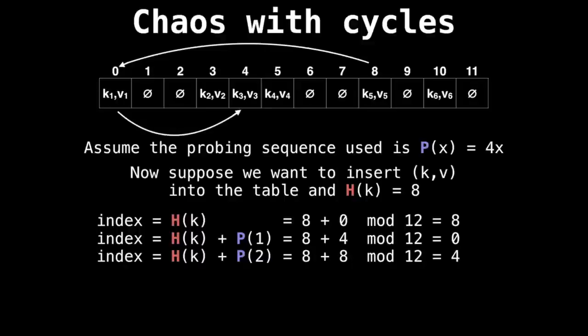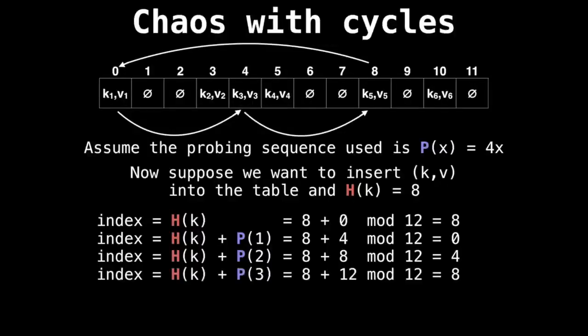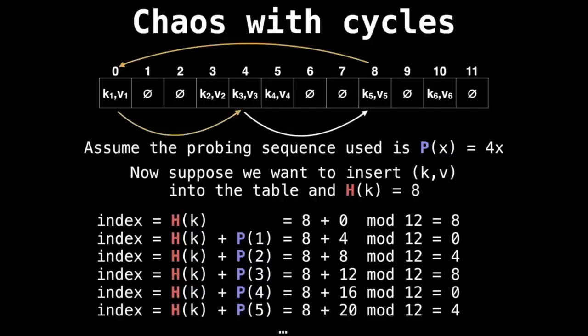Then we compute p of 2, which gives us 16 mod 12, which is 4, and that cell is already occupied, and then we keep probing, and as you see right now, we've entered a cycle. We would keep probing and probing and probing, and we'd always be getting back to the same position. So although we have a probing function, it does not work in this particular situation. The probing function is flawed.